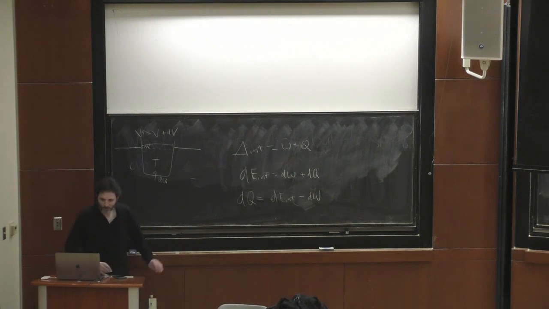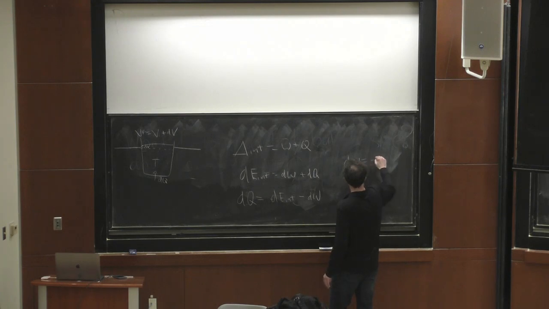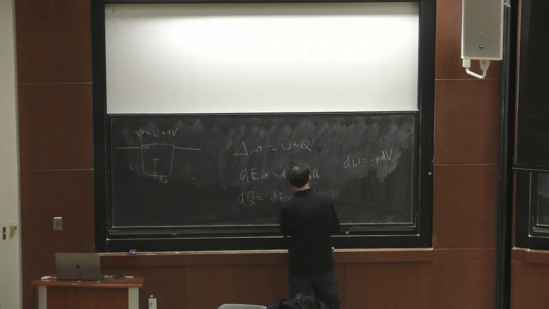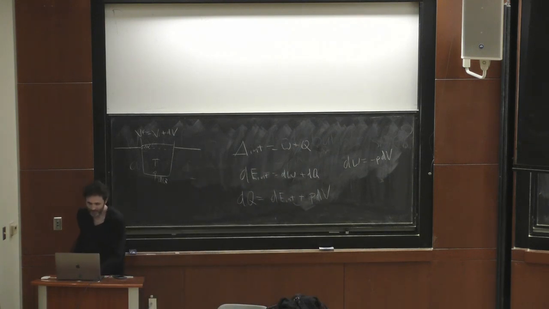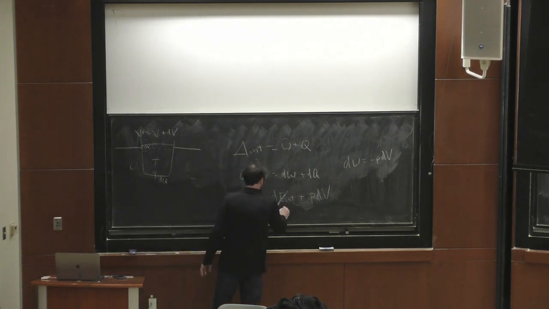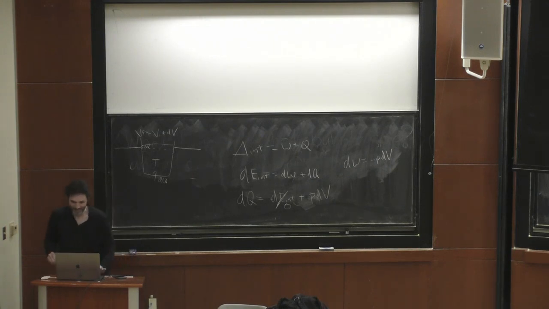And then dW is equal to minus P dV, so I can just put that there, plus P dV. But then dE internal is 0, so that goes away. So then we just have dQ is equal to P dV, but then pressure is equal to nkT over V.